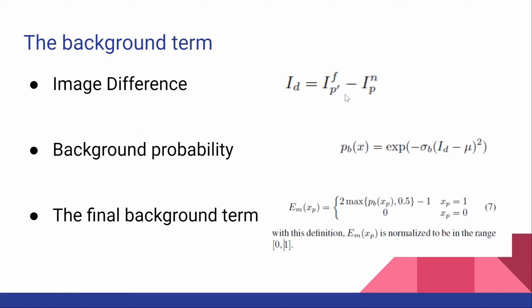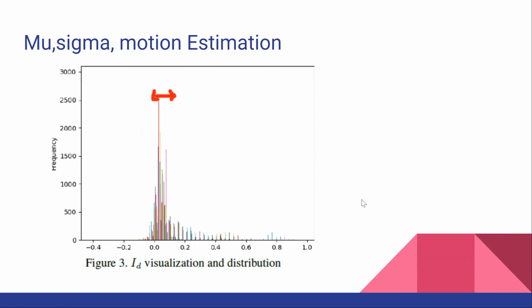And the background probability is the distribution of the ID with mu and sigma b. And this probability term is basically a Gaussian function. And then we normalize the probability into 0 to 1 and compute the background term.